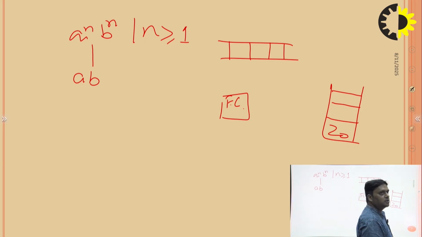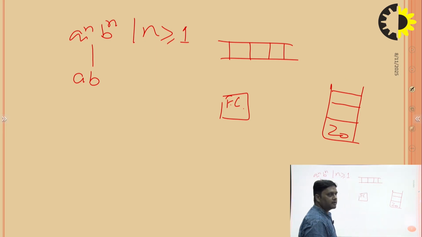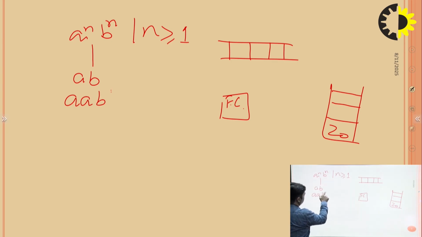If we put 2 in place of n, then the string aabb will be accepted.